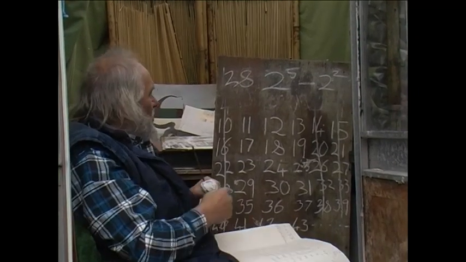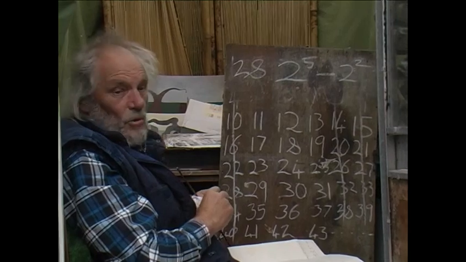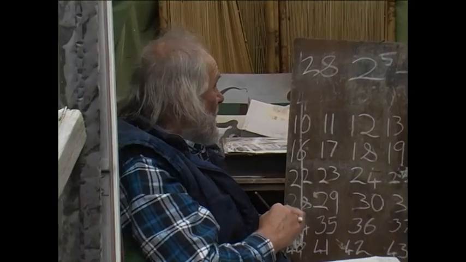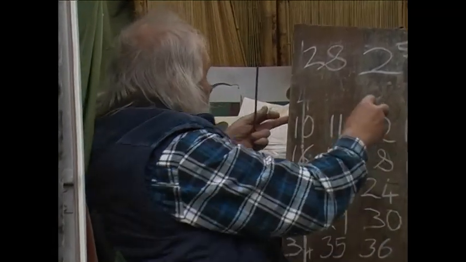And as you go through the perfect numbers, you will find that this rule always applies. It cannot be broken. But that's a bit of a diversion from the number 6.